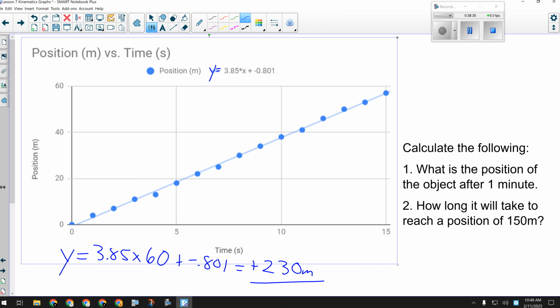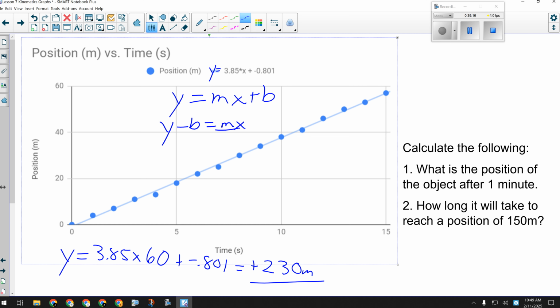All right, so question number 2 is asking how long it will take. How long it will take is on which axis? Where's time? X. So I'm being asked to calculate x, and they're telling me y is 150. I know that because it says position of 150, and position is on the y-axis. So in order to calculate how long, I've got to take y equals m times x plus b and manipulate for x. Rules of algebra say move what's not attached first. That would be b, so I'll subtract it over to the other side. y minus b equals m times x.